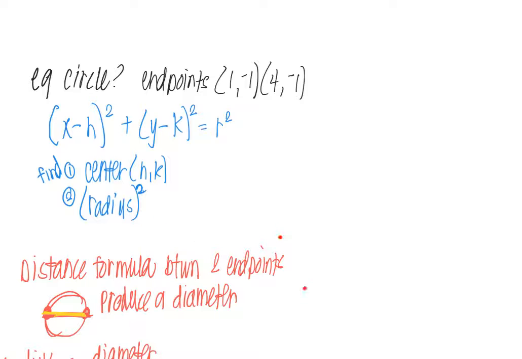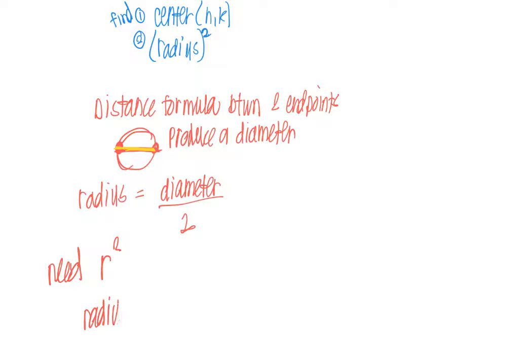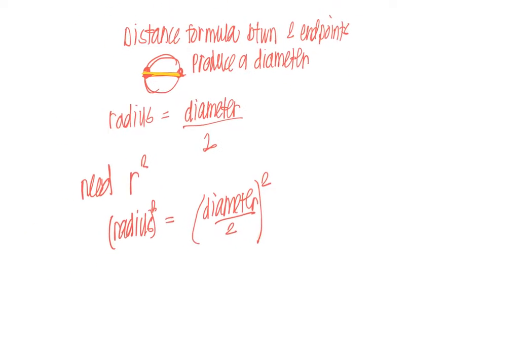So once we find the radius, we need r squared. So the radius squared will equal the diameter over 2, squared.